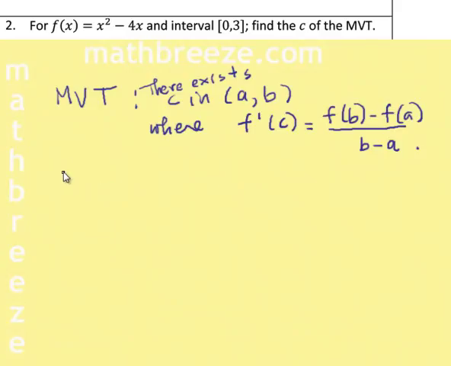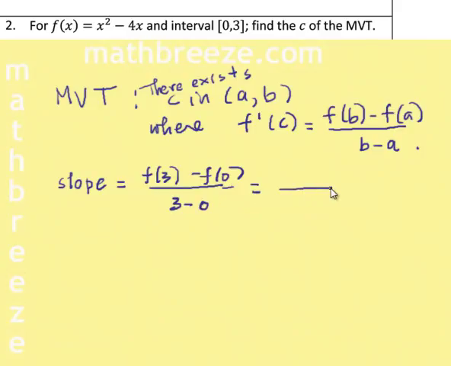So in our case, the slope is equal to (f(3) - f(0)) over (3 - 0). That's our interval, [0, 3]. Let's look at f(3). Substitute in 3, and we have 9 - 4 times 3, 9 - 12, that's f(3).